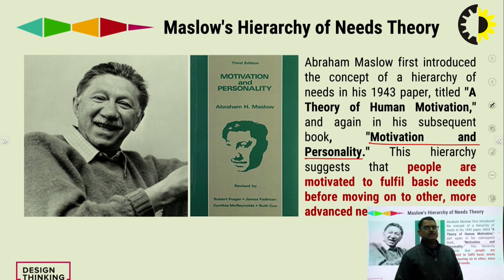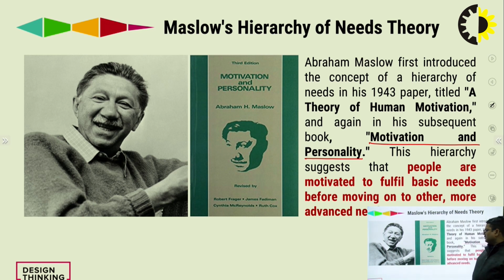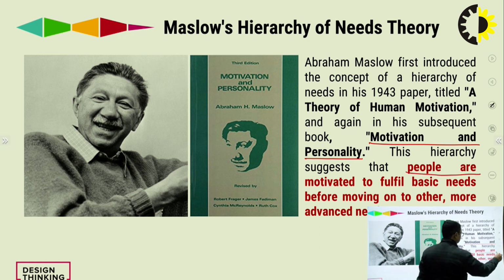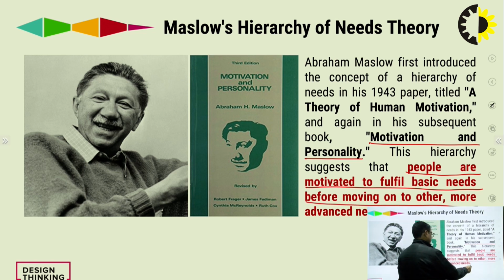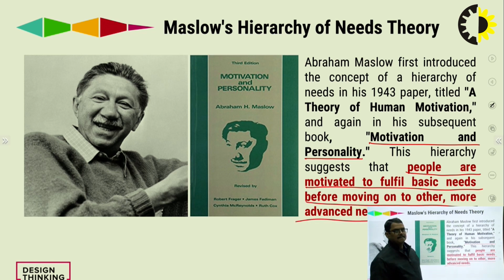So today we are going into the detail of this Maslow's needs theory, and the key phrase in this theory is that people are always motivated to fulfill basic needs before moving on to other, more advanced needs.